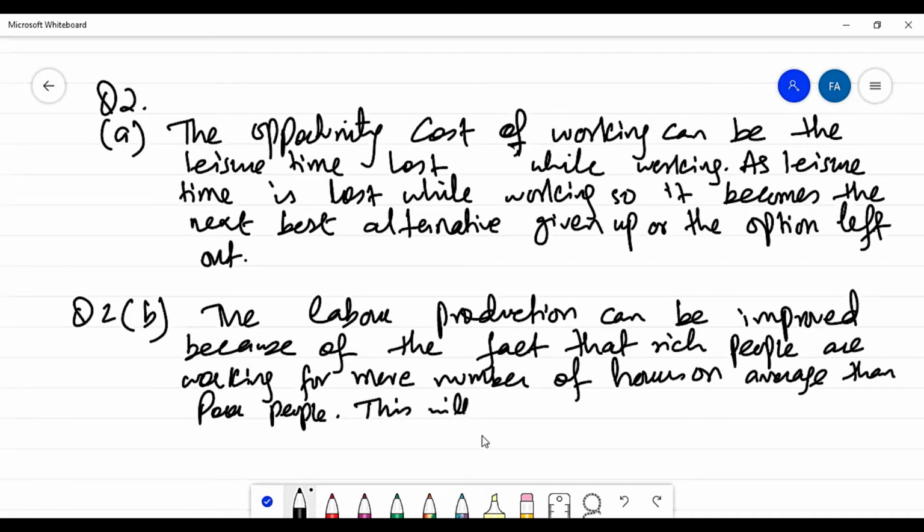This will lead to an increase in the labor production.